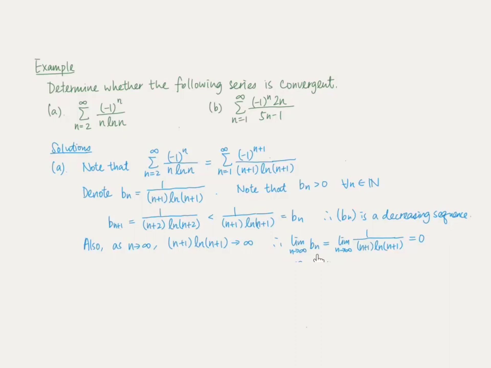Therefore, the limit of bn as n tends to infinity equals 0. Now, since this bn is a decreasing sequence with positive terms and the limit of bn equals 0, therefore, by the alternating series test, the series converges.